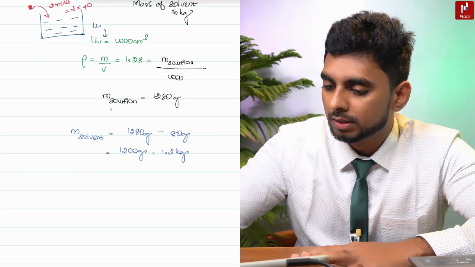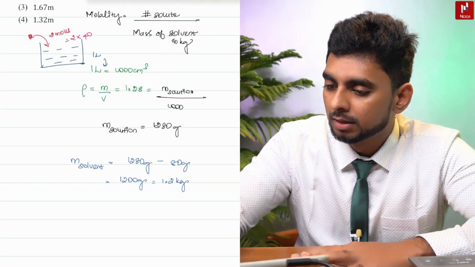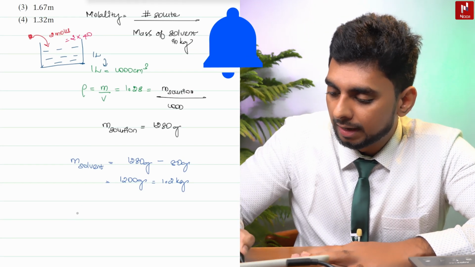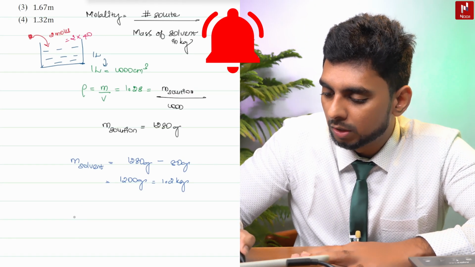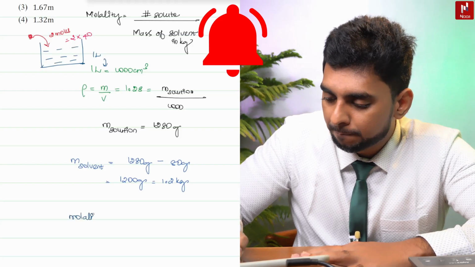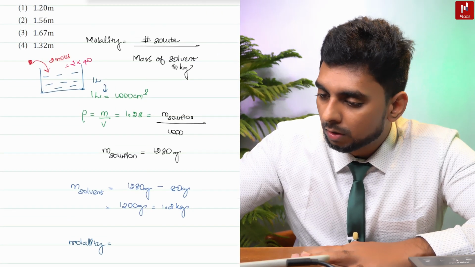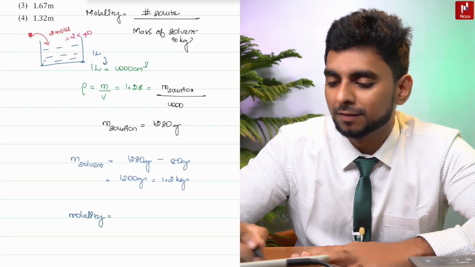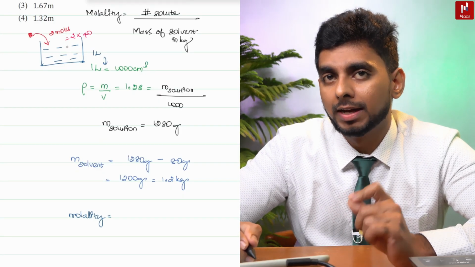Next, I'm ready to calculate the molality. So molality will be equal to, capital M, no, small m, isn't it? Molality will be equal to number of moles of solute. In this 1 liter solution, I've got 2 moles of NaOH.